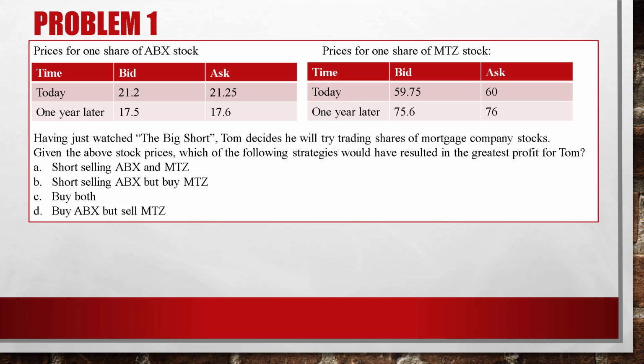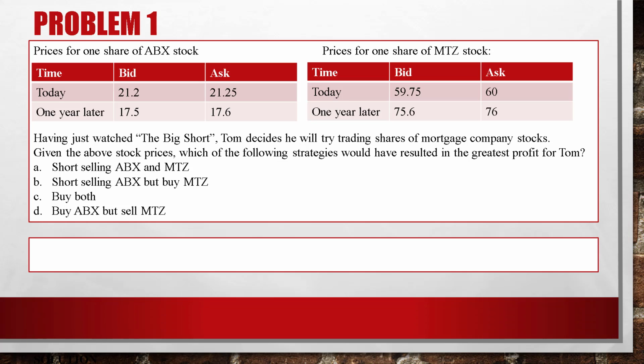And if we observe MTZ, today's prices are lower than 1 year later, so we should buy, and then 1 year later we should sell. So basically we should sell ABX and buy MTZ. So A is the smart option: short selling ABX and buying MTZ today.